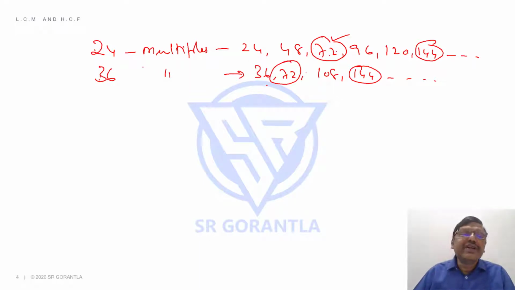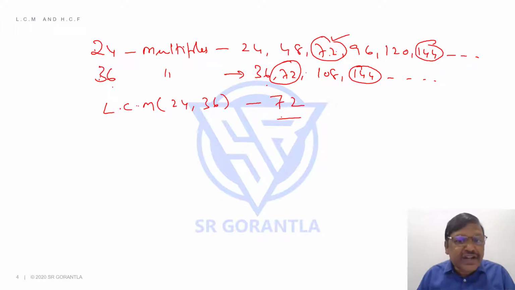So that's why 72 is the least common multiple of 24 and 36. So the least common multiple of 24 and 36 is 72, we say. So what does it mean, students? It means 72 is the least number that is divisible by 24 and also divisible by 36 exactly, right?